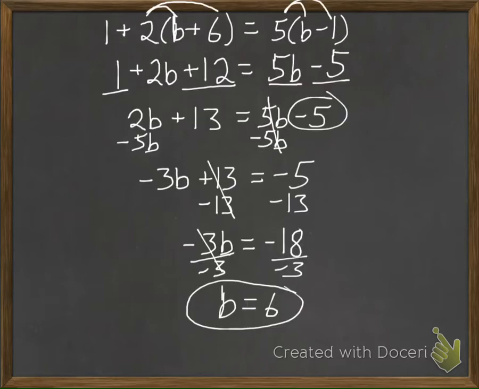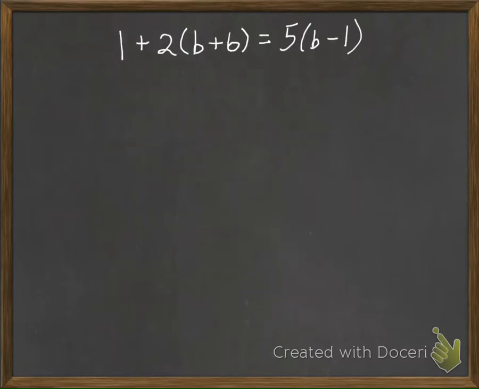The original problem, once again, was 1 plus 2 times (b plus 6) equals 5 times (b minus 1). Like I said, we got as our solution b equals 6. So coming back to this problem, we're going to simply replace b with 6.